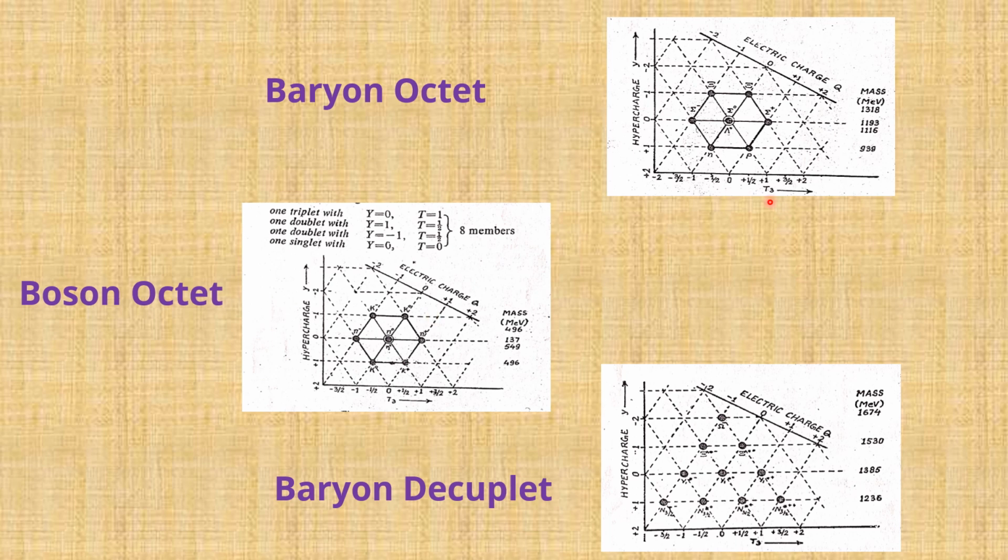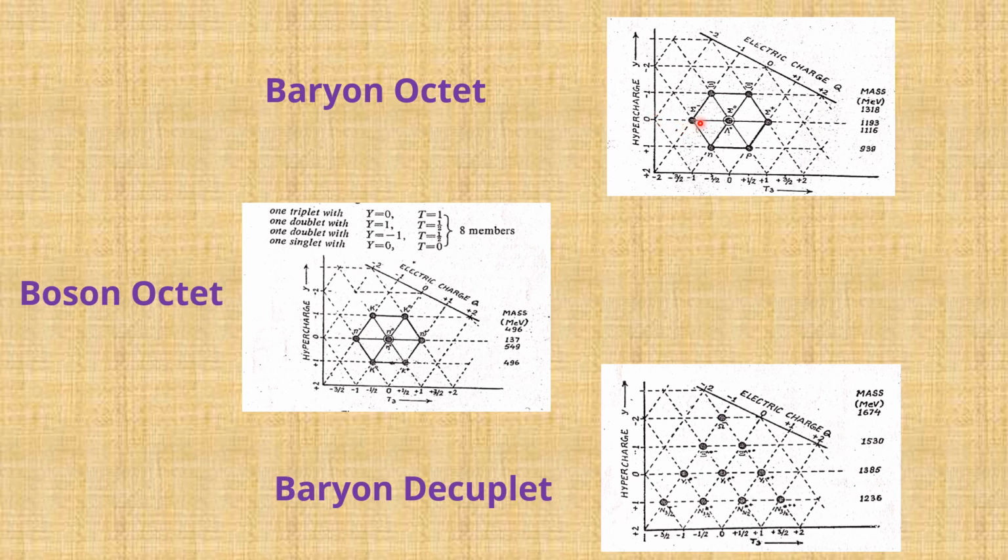In the baryon octet also, there are two doublets, one singlet which is lambda, and a triplet, sigma minus, sigma naught and sigma plus, and they have a hypercharge of 0.